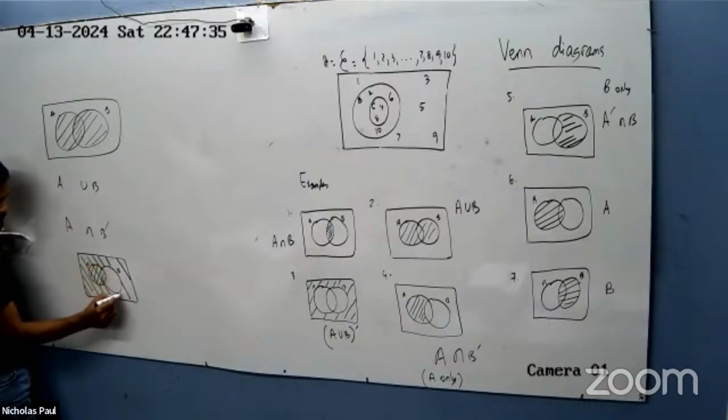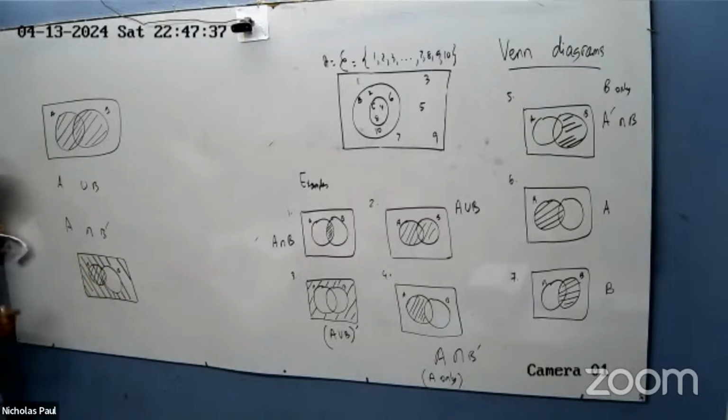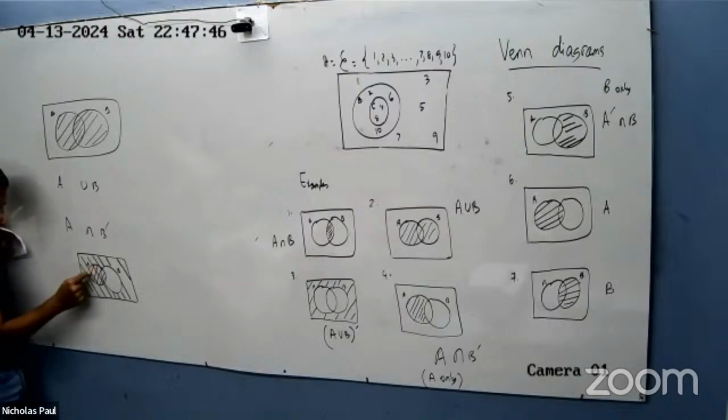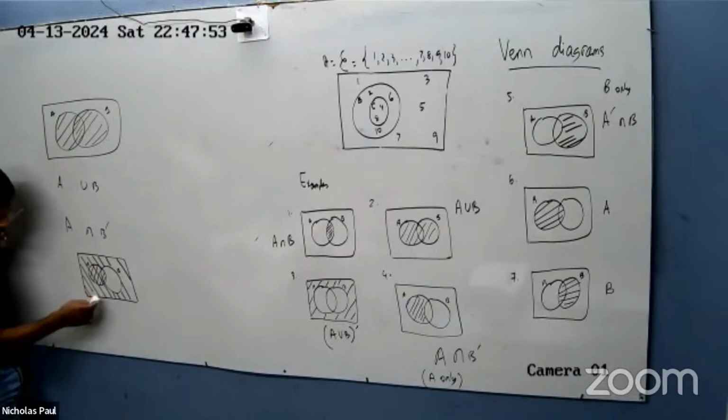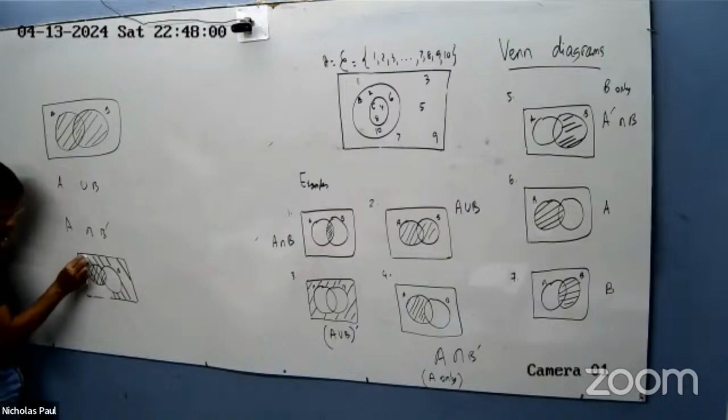And because it's intersect, you're looking for where they both are shaded, where they have something in common. You'll see in that area here where they're both in common. So I take off where they have nothing in common. They have nothing in common here, and nothing in common here, right?